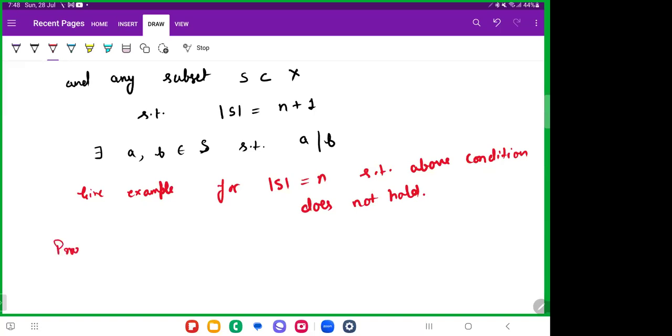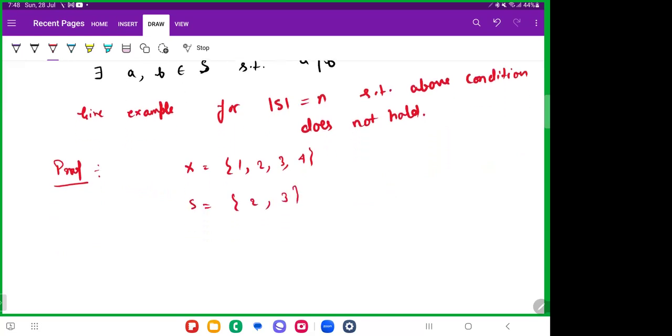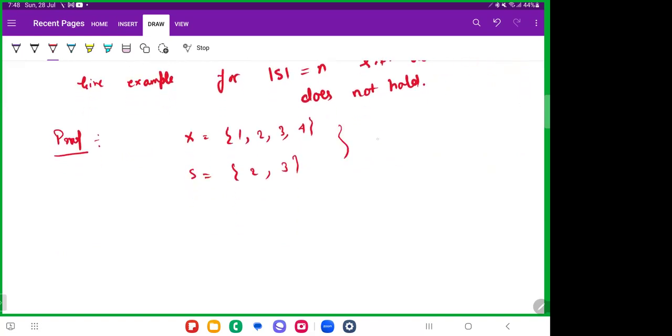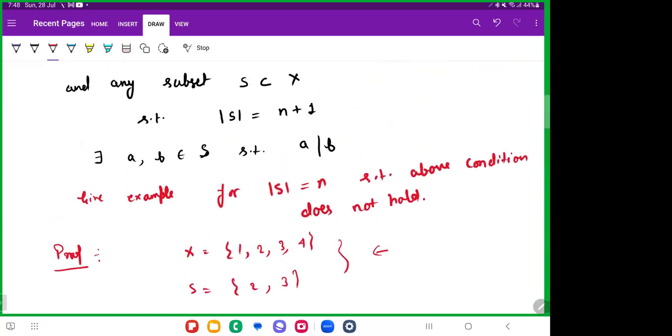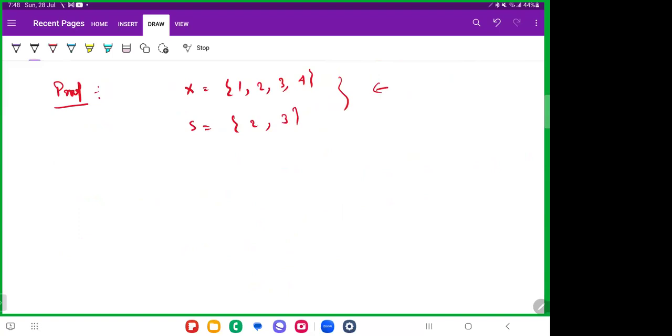Let's say your X is of 4 cardinality, 1, 2, 3, 4, and your S is 2, 3. You are done, right? So this is your counterexample for the second part. For the n case, it does not hold. And for n plus 1, let's do the proof.